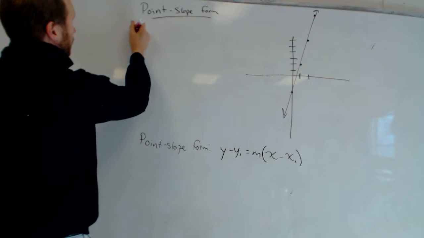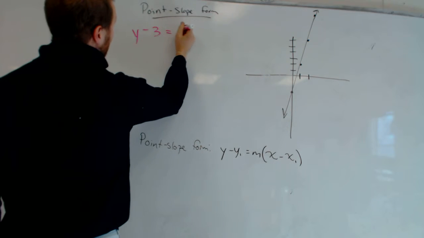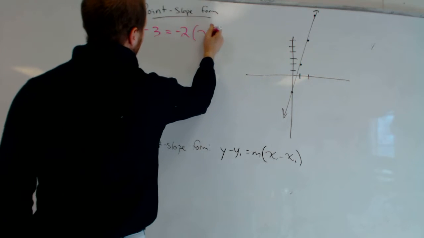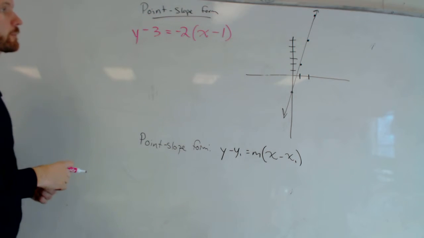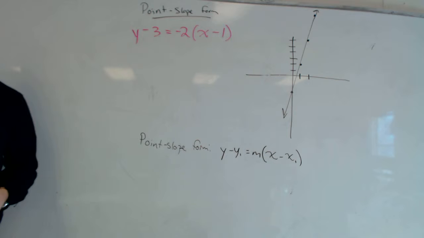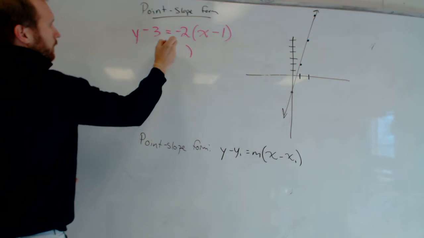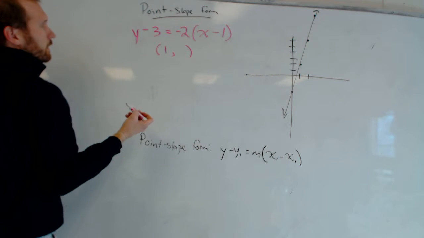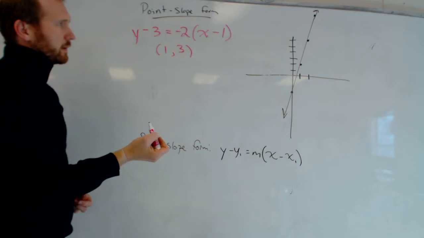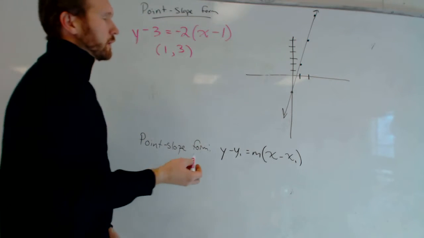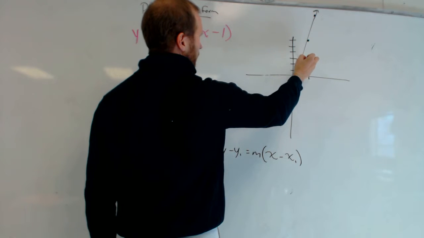So let's say y minus 3 equals negative 2 times (x minus 1). Alright, what's my first point? Where am I going to start? X1. Okay, 1. Which is 1. And 3. Where is that on the graph? 1, 1, 2, 3.